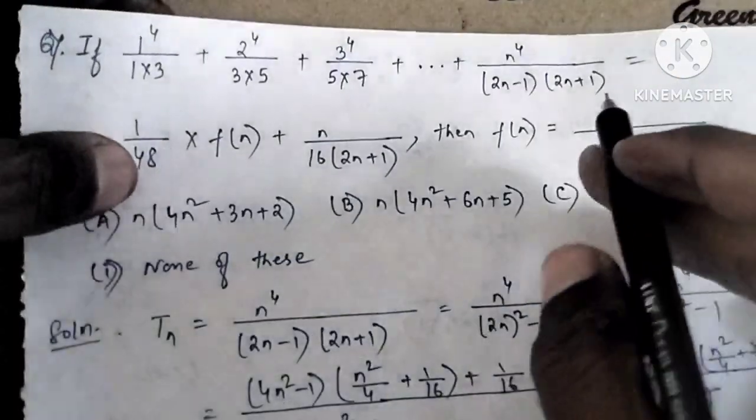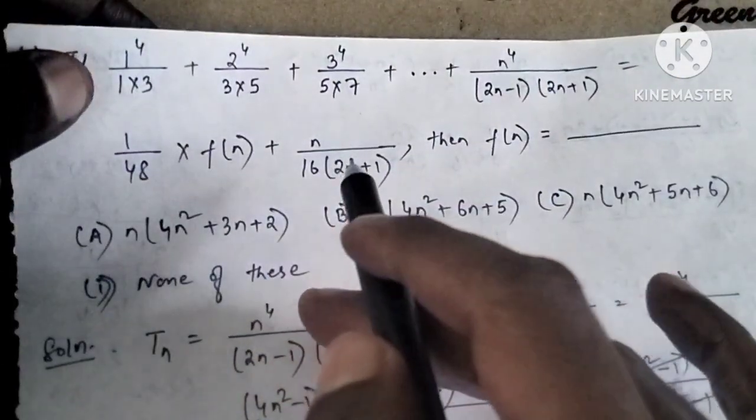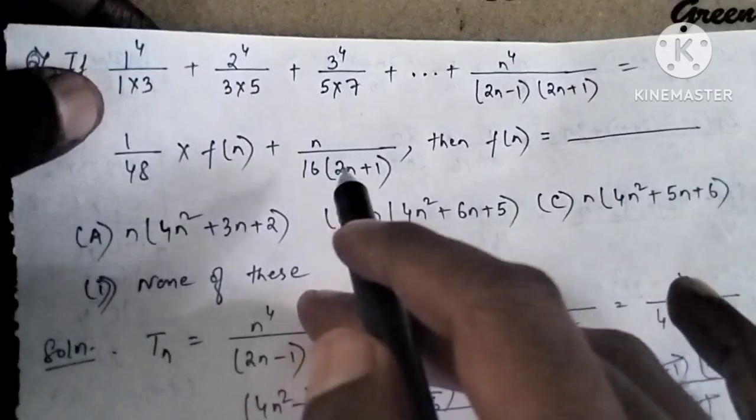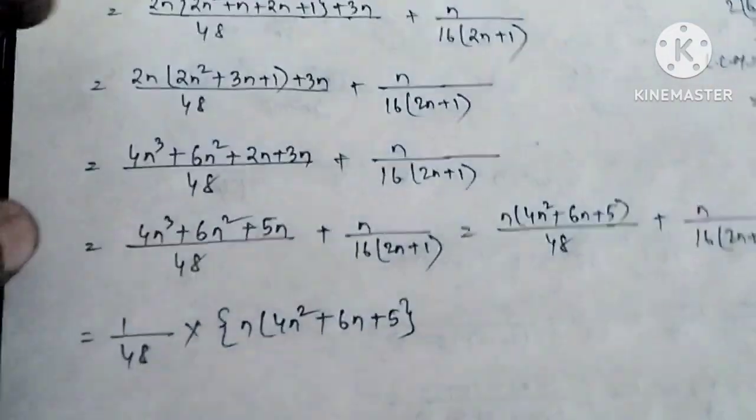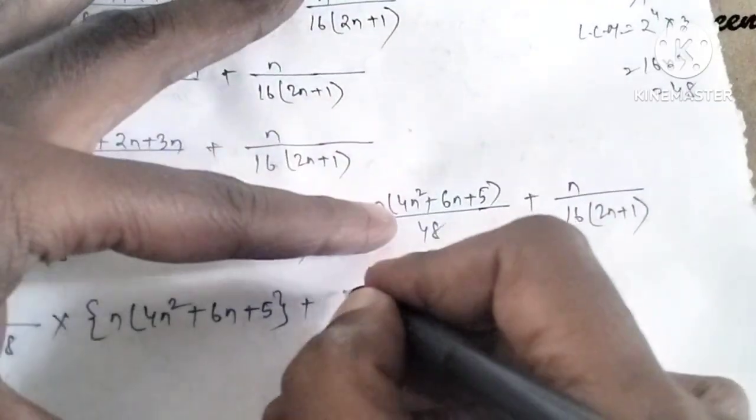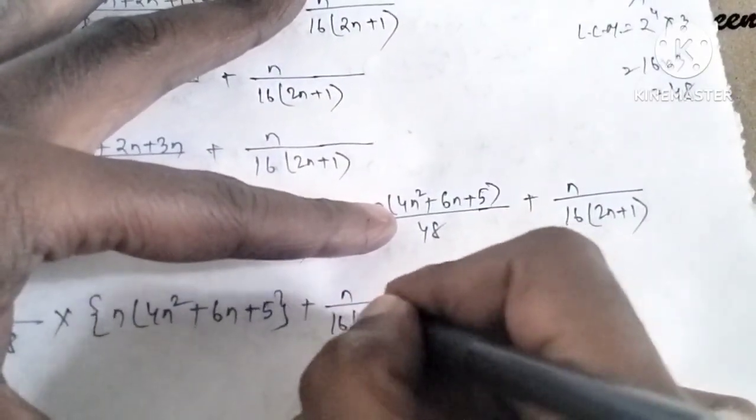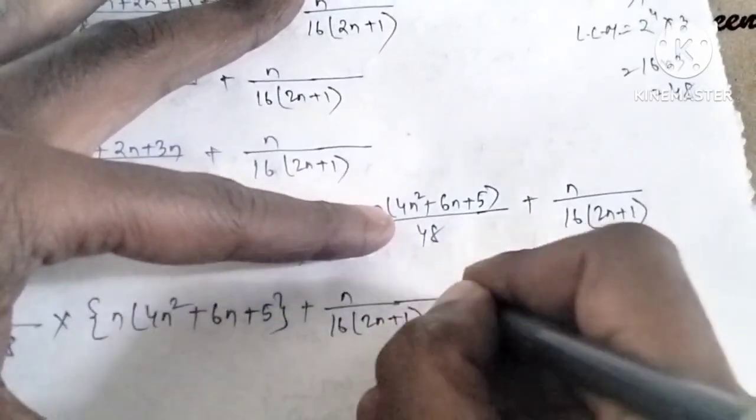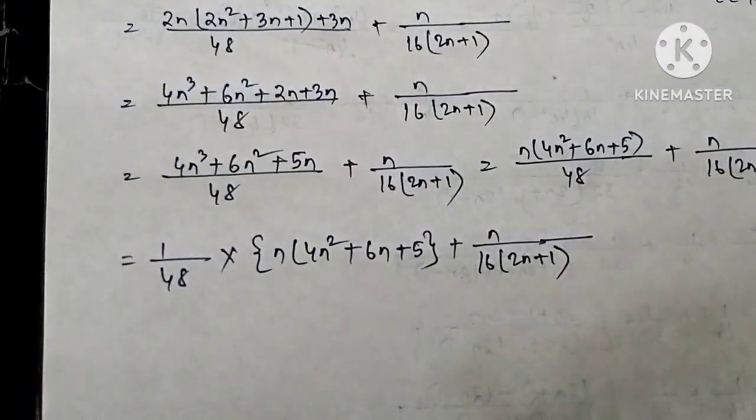The equation was this, is equal to this one plus n by 16 into 2n plus 1. Here also, n by 16 into 2n plus 1. Clear?